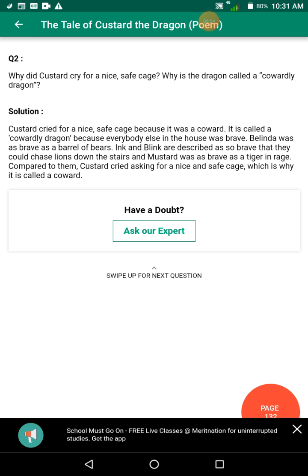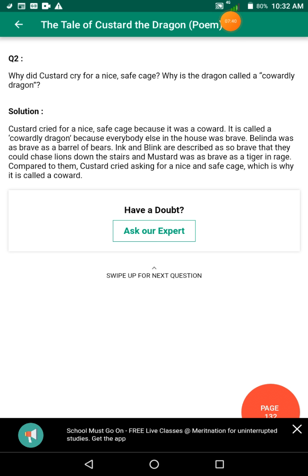Their bravery is compared to how powerful they are. Compare Mustard. Mustard is like a tiger in a rage. So everybody is there. But Custard wanted what? Cage. Nice and safe cage. That is why in this entire house, Custard is called the coward. Clear?